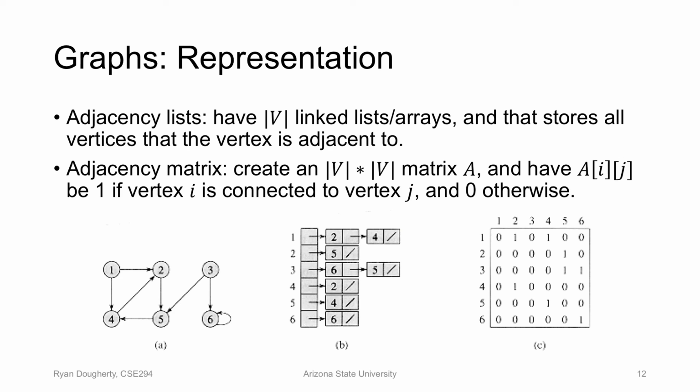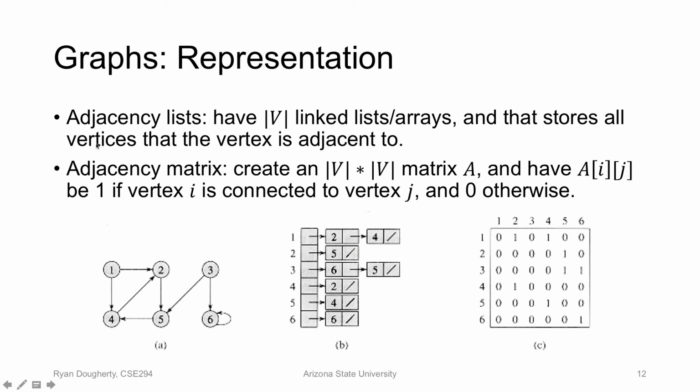So just graphically, what an adjacency matrix is: you make an n by n matrix, where n is the number of vertices. Each of the entries of the matrix is indexed, both by the columns and rows, by each vertex.